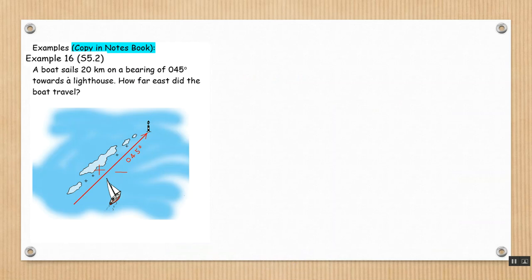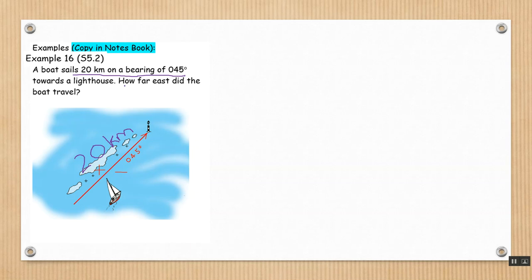This problem: a boat sails 20 kilometers on a bearing of 045 towards a lighthouse. So this distance here is 20 kilometers. Most of our problems will involve kilometers. Harder problems might include nautical miles.